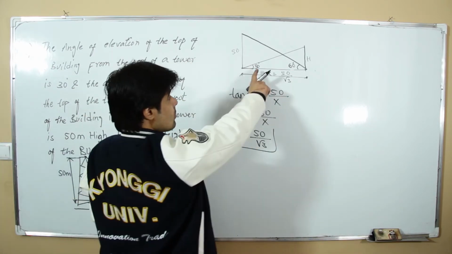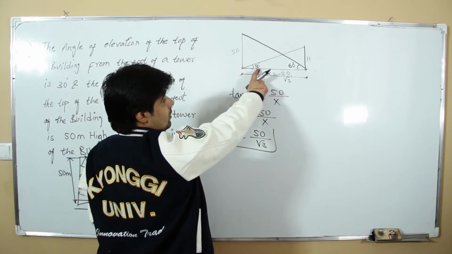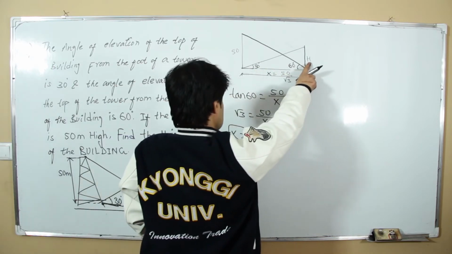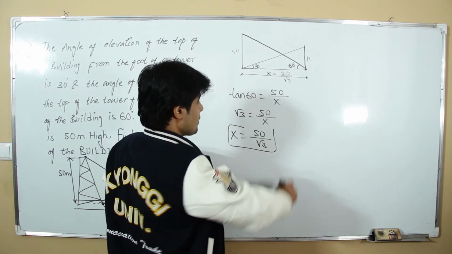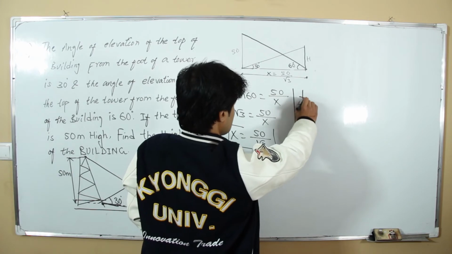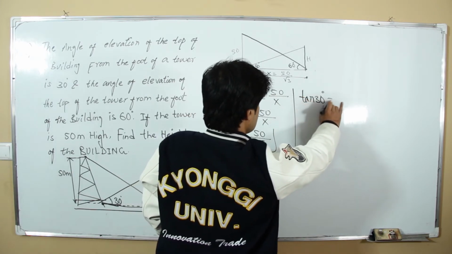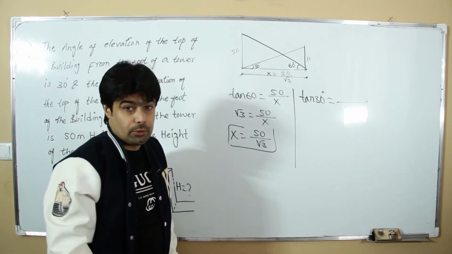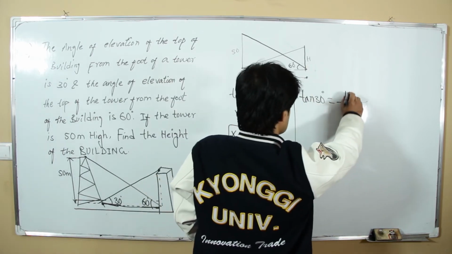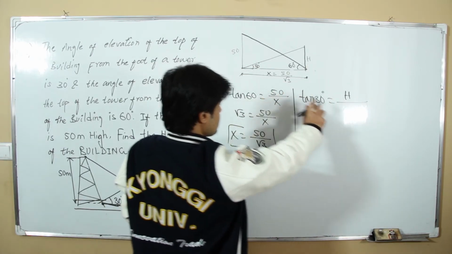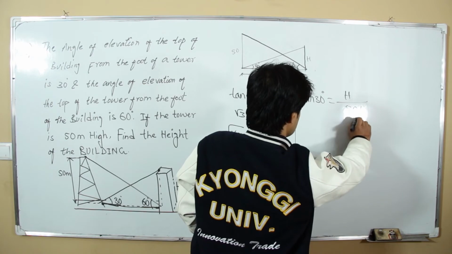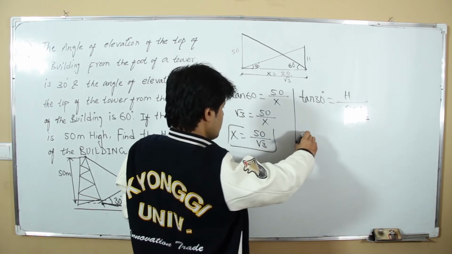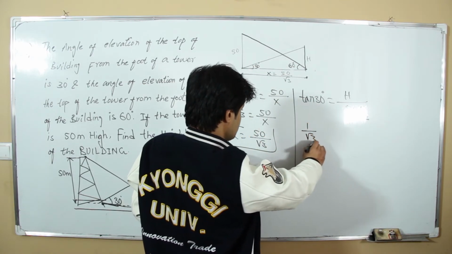Now, come to this triangle. For 30 degree, this is opposite and this one is adjacent. Once again, tangent. Tangent of 30 degree is what? Opposite, which is h, by x, which is 50 divided by root 3. Tangent of 30 is 1 divided by root 3.